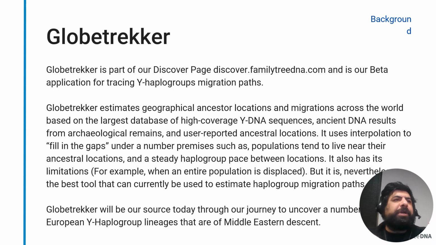You can find it at discover.familytreedna.com, and then you go to Globetrekker, and of course you have to be logged in. It will show you each haplogroup and its migration path, and it uses archaeological sites to anchor, as well as modern testers' reported place of origin of the ancestors.